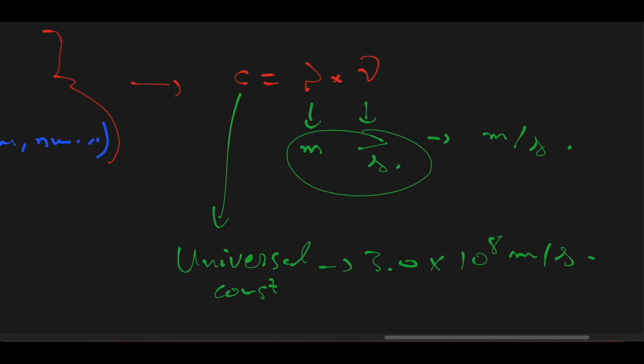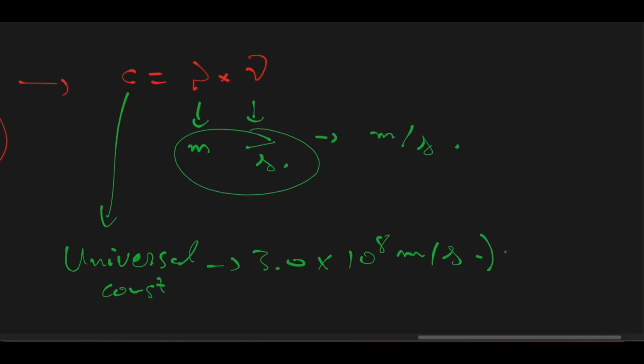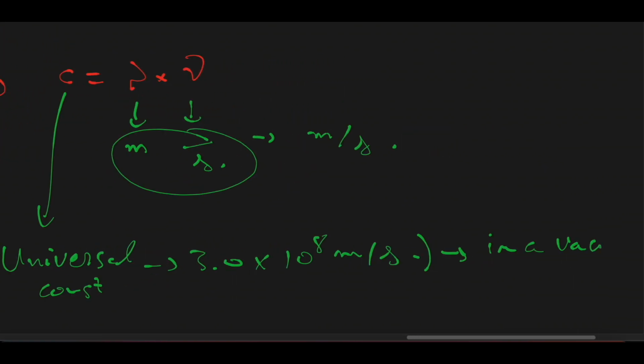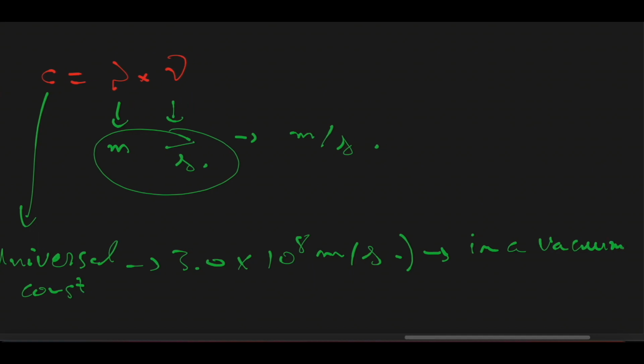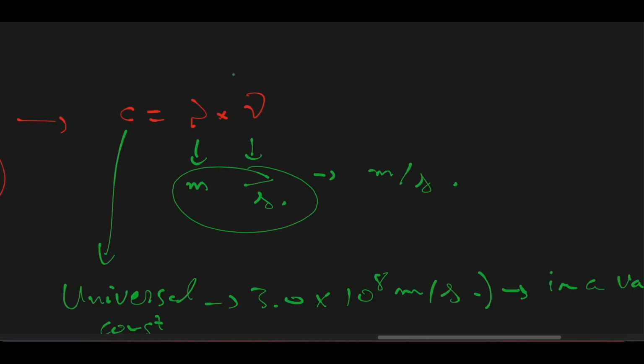It is the value of the speed of electromagnetic radiation, or of light, in vacuum. But the frequency and wavelength can have different values. Only the speed is a universal constant, but the frequency and lambda can have different values.